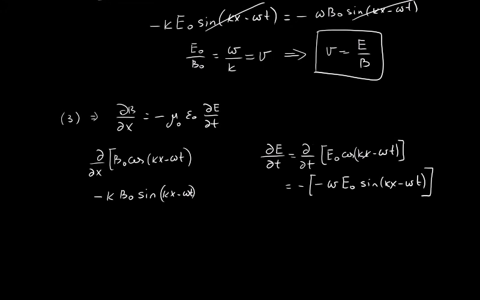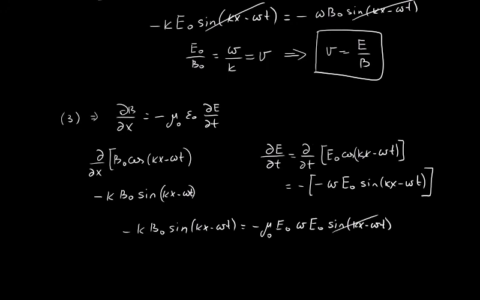Now let's make them equal to each other. We will have negative k B naught sine(kx minus omega t) equals negative mu naught epsilon naught omega E naught sine(kx minus omega t).